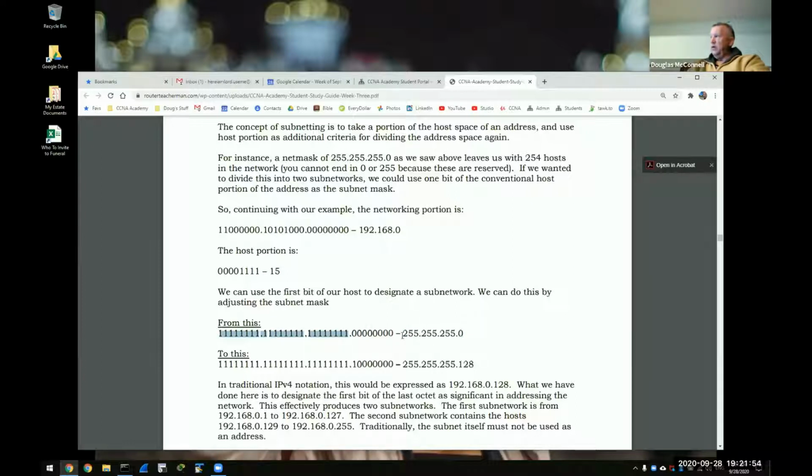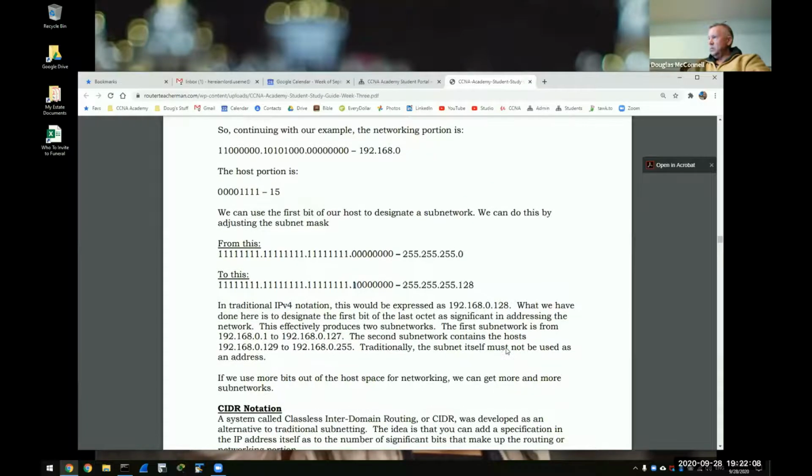So do you see how I've literally cut this network right in 2 by just moving the network bit to the right and turning it on? That's subnetting, guys. And the real power in subnetting is how we change these network bits.